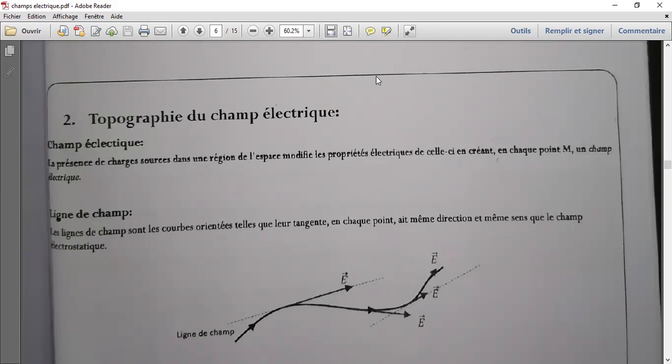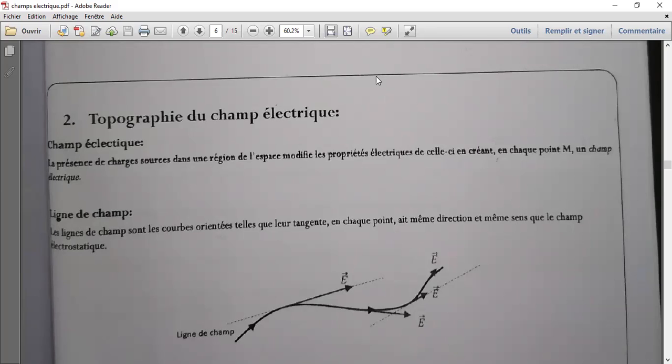So what you should know here on the topographie du champ is, first, that the source where the charge is coming from is the one which defines the area or the force which is created around the charge it exerts.